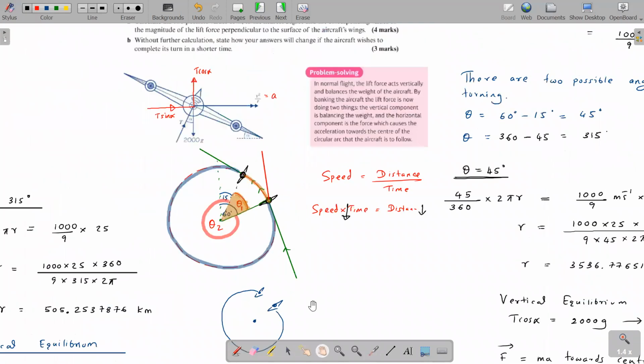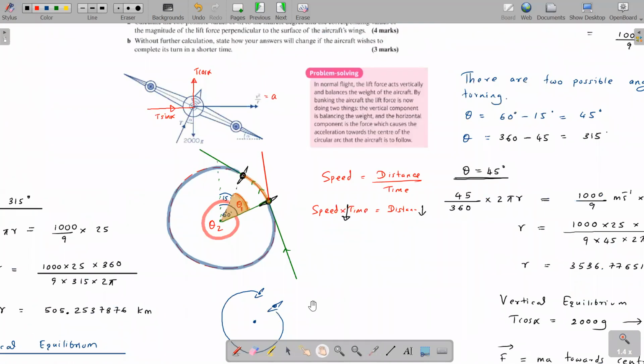So over here, all you have to do is tie all those things together and say it in a statement. Okay, so if you want to complete the turn in a shorter time, the radius needs to decrease. So if the radius decreases, the banking angle must increase, right? You understand that the angle alpha must increase. All right. Okay. So I hope everyone is clear with this question now.